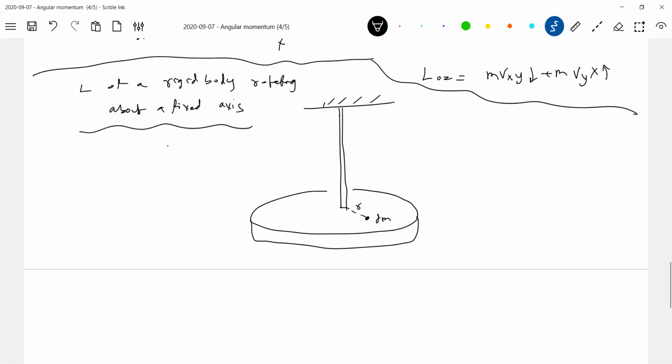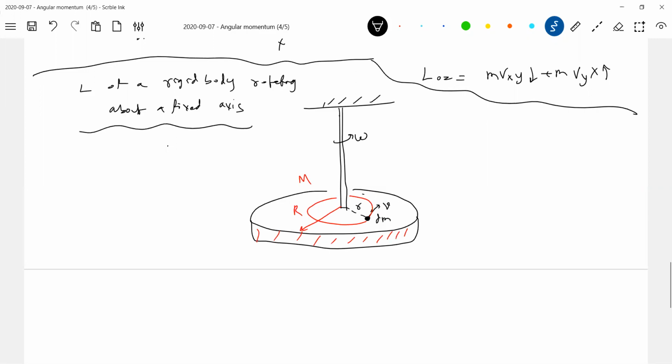having a mass dm. It is rotating with an angular velocity omega. So it will have tangential velocity v, and this particle is going to move in a circular path. And there's a disk of radius R and mass M. Now first, I just took a small particle.